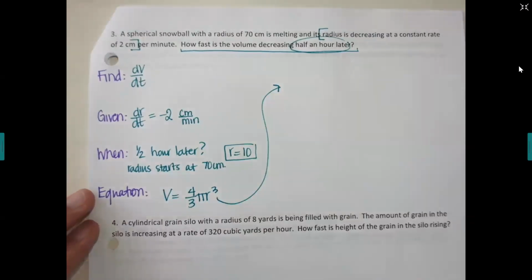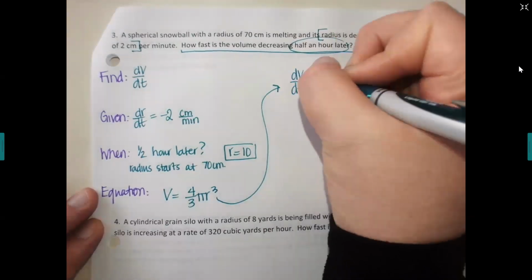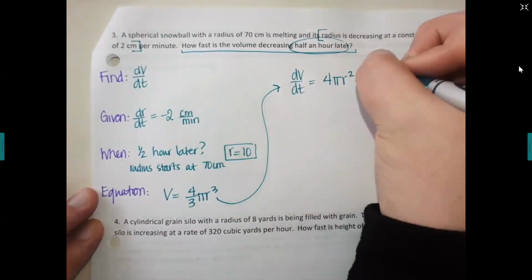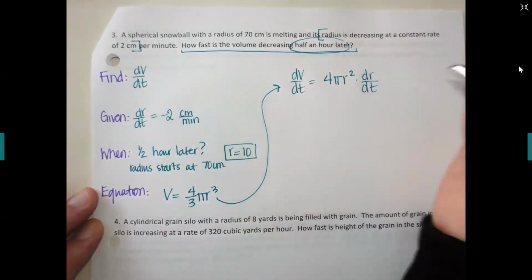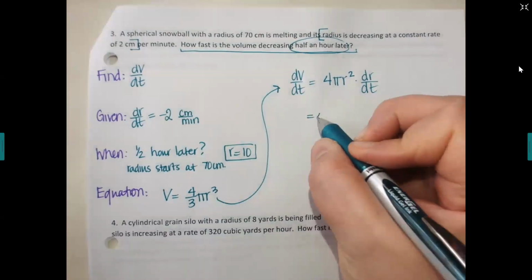And then I'm going to shortcut to the derivative because we just took it in the last question. So it would be dV dt equals 4 pi r squared dr dt. And then from there, we're just plugging stuff in. So it'd be 4 pi. What is my R value?